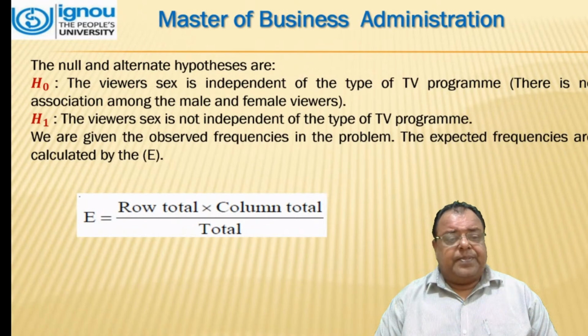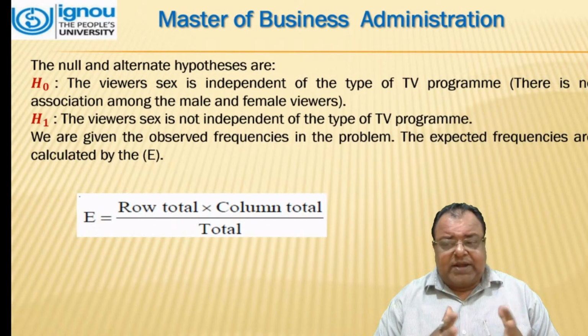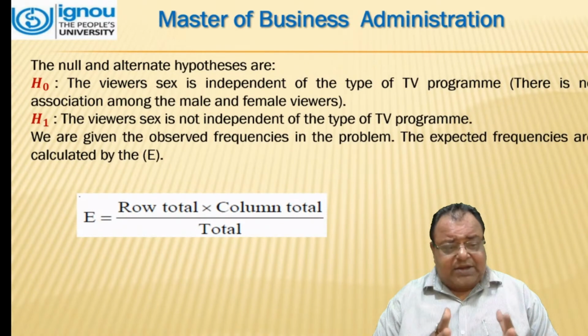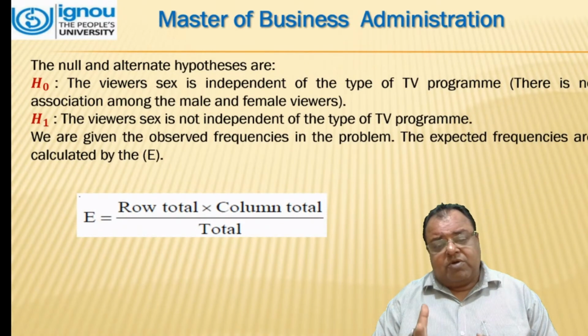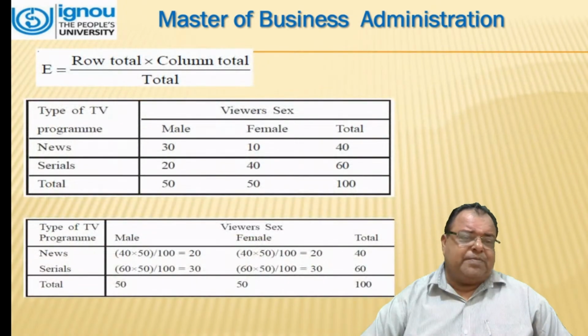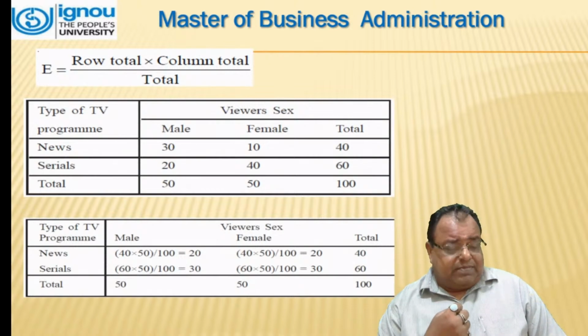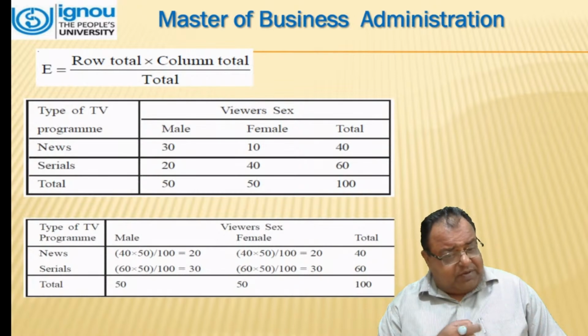Here, we have observed frequencies of the viewers. We have to calculate expected frequencies. It is calculated by the relation, row total into column total divided by total. When we are finding out the expected frequency, we do 40 into 50 divided by 100, which comes out to be 20.